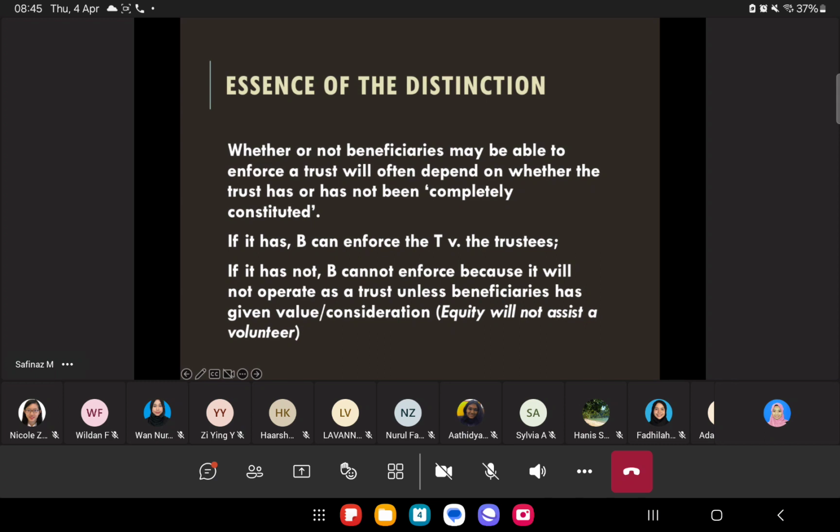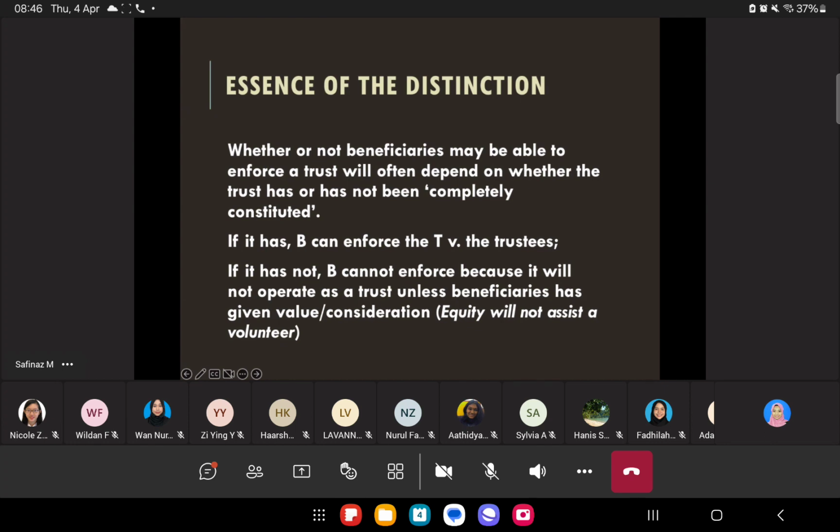Okay, if the beneficiary has given consideration, value or consideration, then the beneficiary is not categorised as a volunteer. That is the maxim: equity will not assist a volunteer. If the beneficiary has given consideration on the property, it means the beneficiary is not a volunteer.